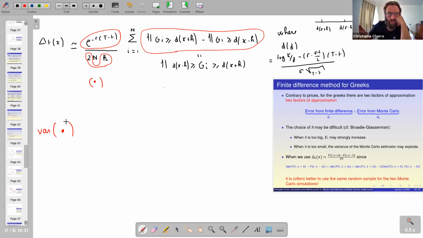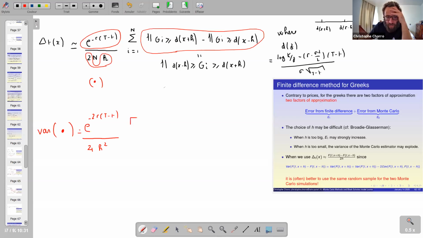So what is my variance? If I compute the variance of my red term, I have this constant, which I can write as exponential of minus 2r times capital T minus t, over 2, 4h squared. And I have the variance of this term.